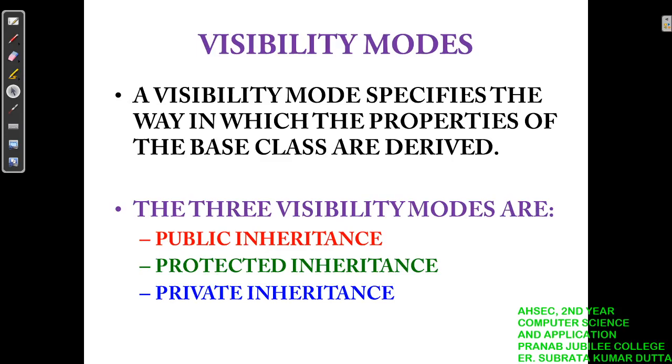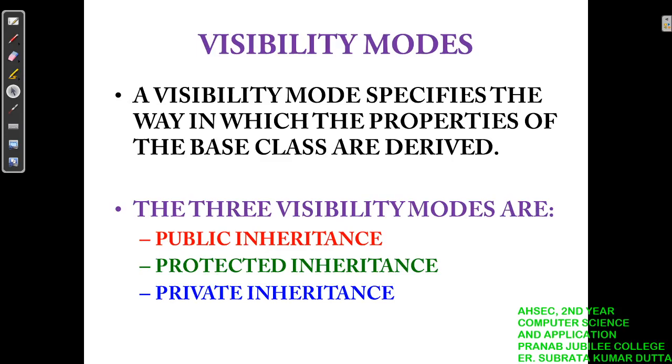So for example, say a class A has three members, and class B wants to access only one of the members. When class B inherits class A, it will inherit all the members of class A, if that member is not private in class A. But we can control that by using visibility mode.